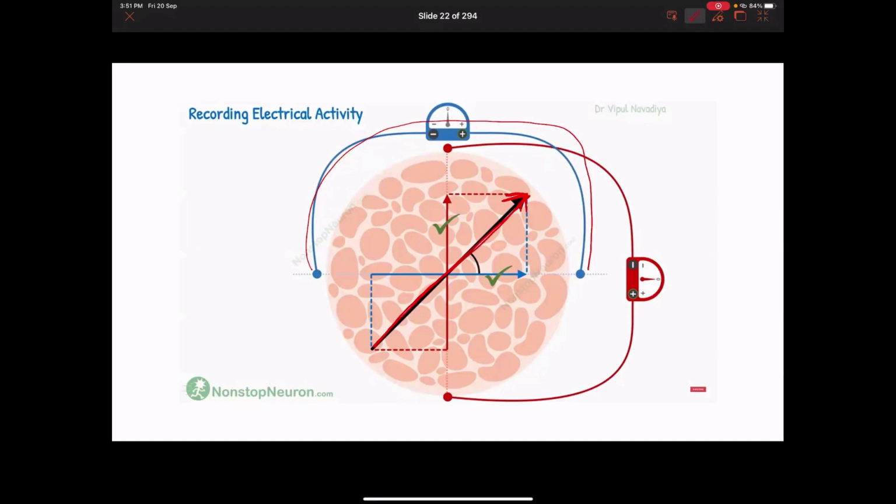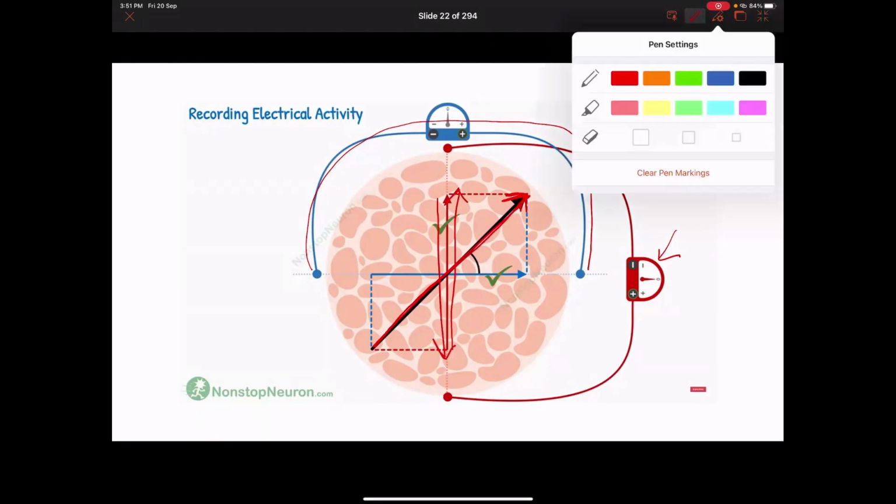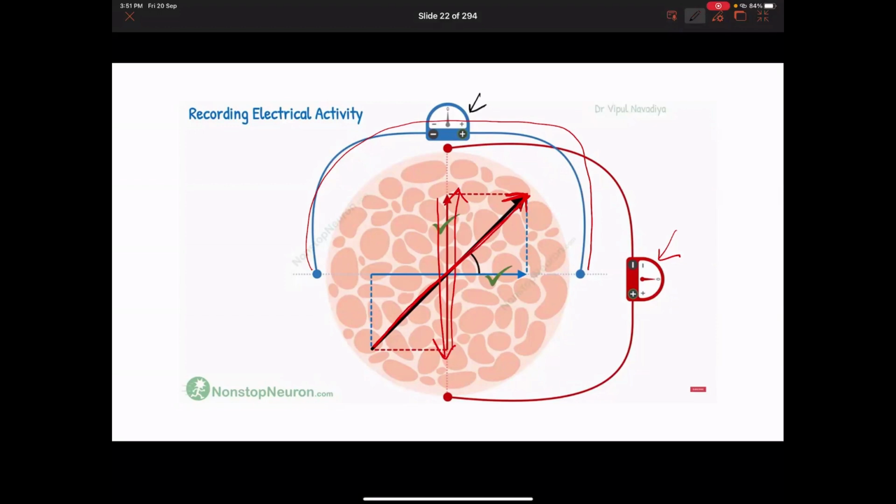So what we do is we connect a second lead that's more in line with this one, okay? So this second lead will be able to read these directions, and the first blue lead, which is this one, will be able to read impulses going in these two directions, okay? And the red one up and down.